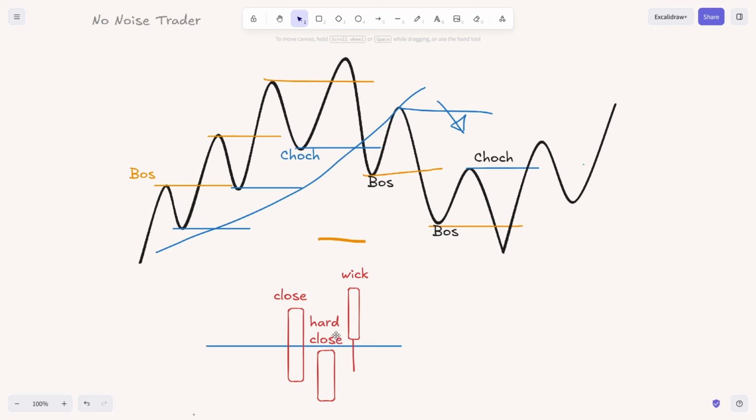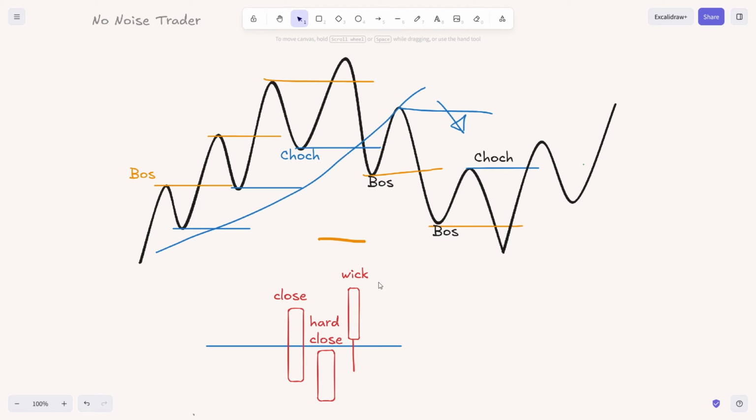Then we have the hard close, which is very conservative, meaning we are waiting for the change of character to not be a wick, to not just be a close, which is in between the two, but a hard close, meaning we close below with a whole candle to confirm that the change of character is valid. Me personally, I choose the wick.